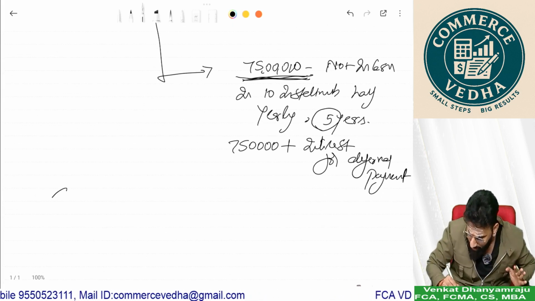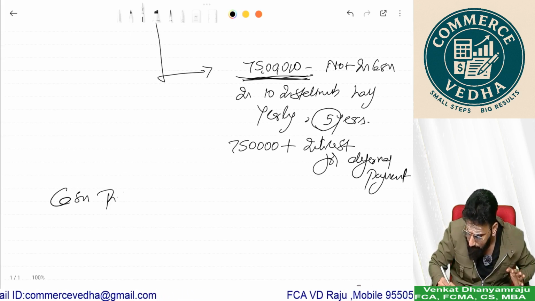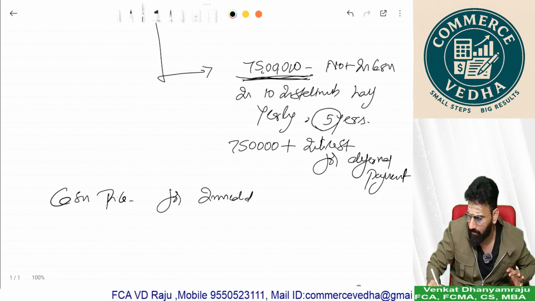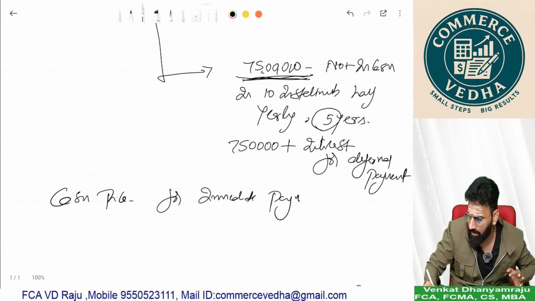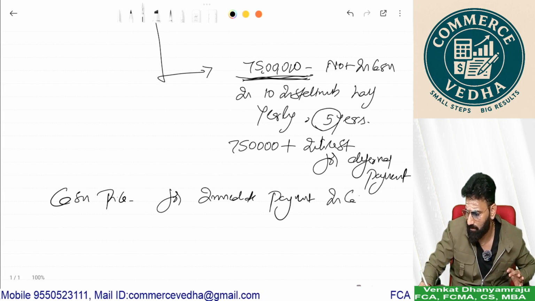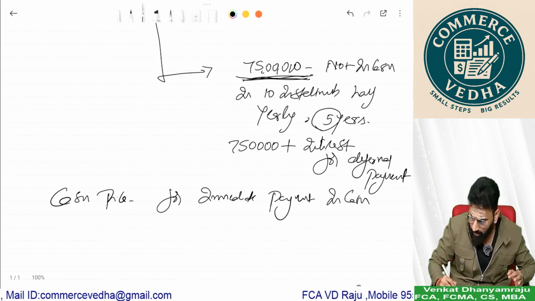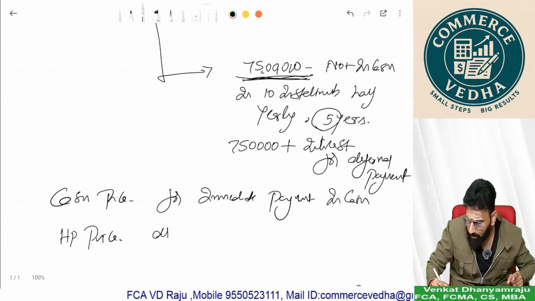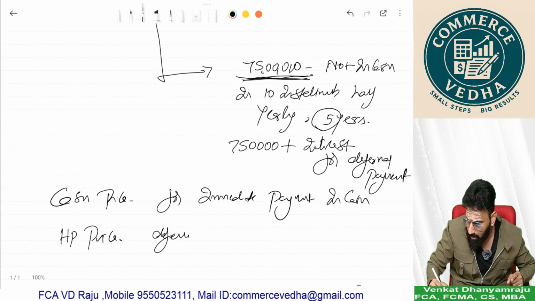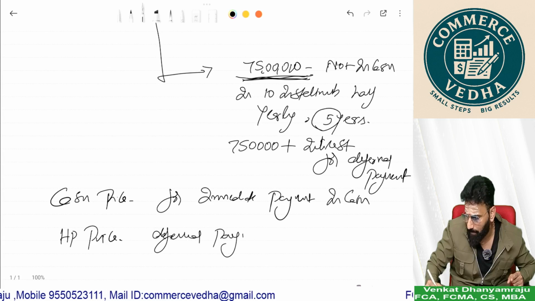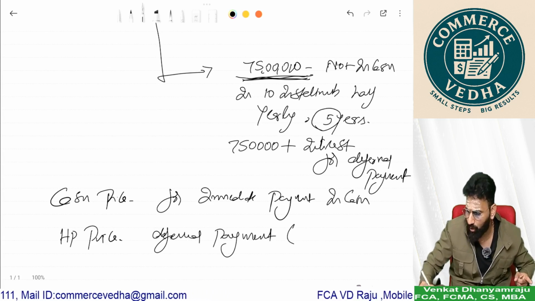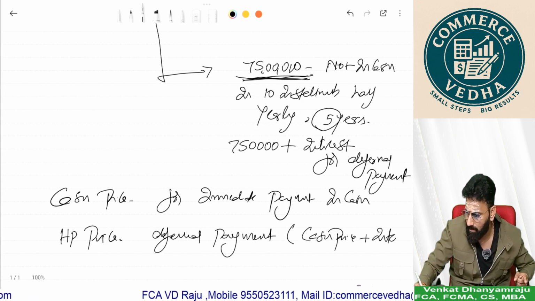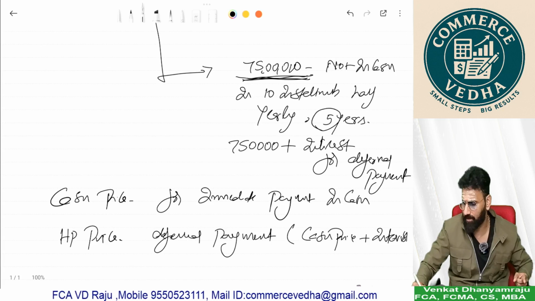Number one is cash price. This is for immediate purchase, immediate payment in cash. And the other one is hire purchase price. This is for deferred payment. And this includes cash price plus interest.